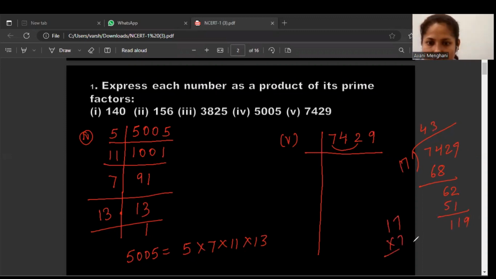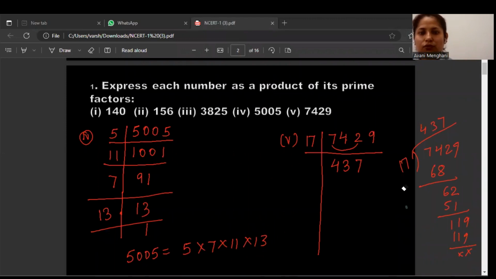I think it will come in 7 times. 7 7s are 49. Yes. So when we divide it by 17, we get 437. So this way, you have to make the tables if you don't remember all the tables.